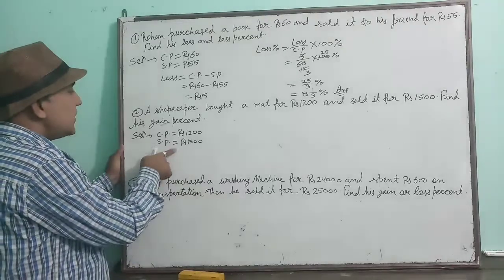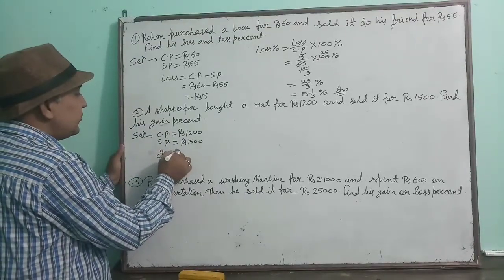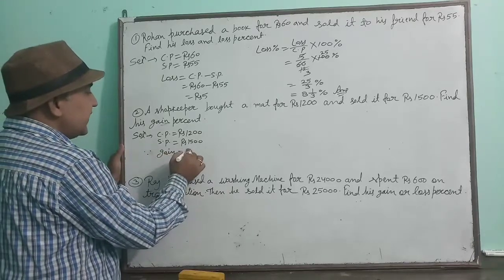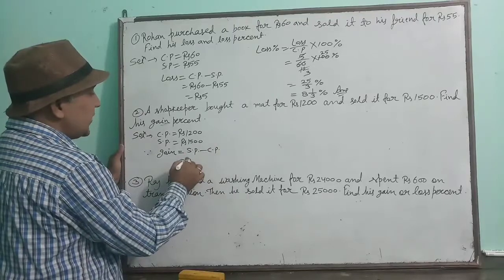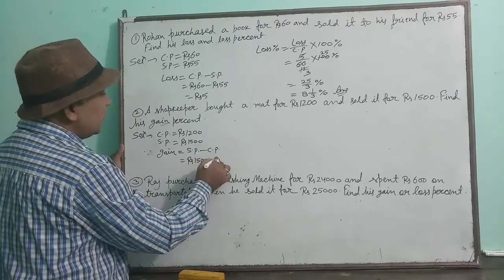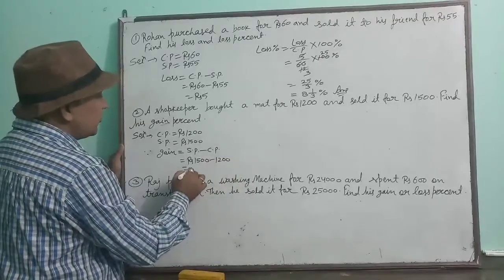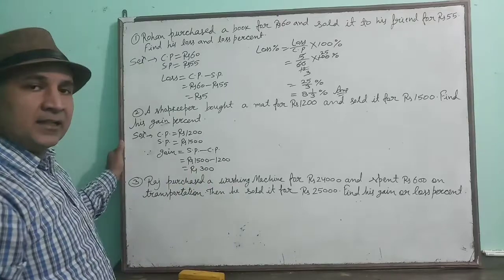So see here, selling price is greater than cost price, so there will be gain. What is the gain formula? Selling price minus cost price. That means rupees 1500 minus 1200, so rupees 300 is the gain here.